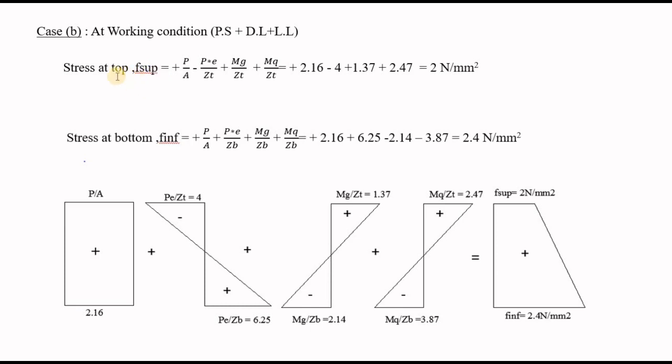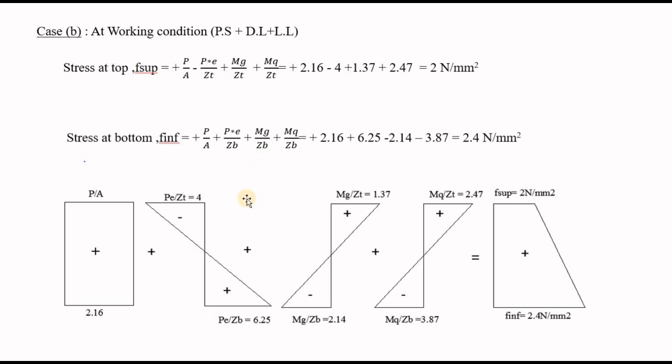At the top it is F superior with these signs, and we should use Zt for the top layer. If I add all the values for F superior for the top layer, I will get 2 Newton per mm square. Like that, stress at the bottom, the notation is F inferior. You can see the changes in the signs.